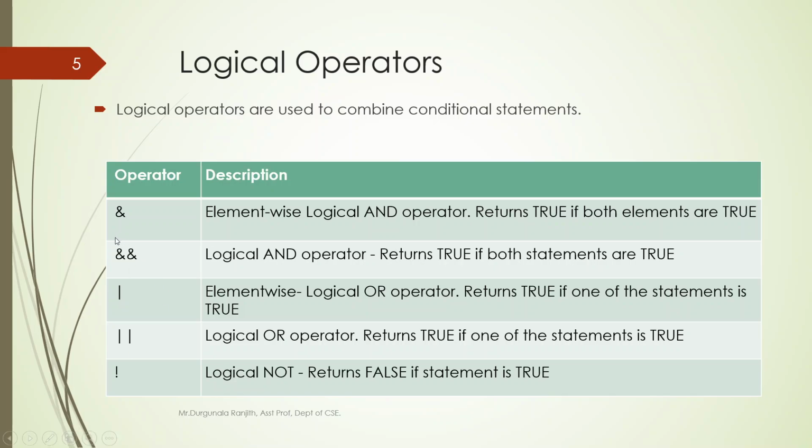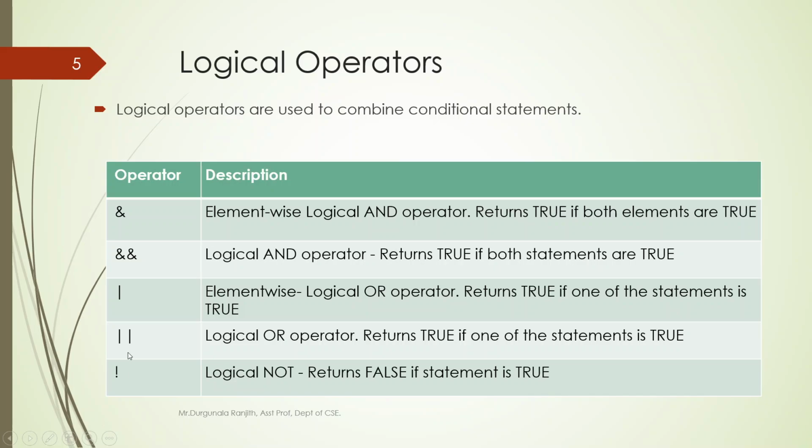And the double AND operator is going to perform the operation on whole values. So this is the main difference between the element-wise logical AND operator and the logical AND operator.